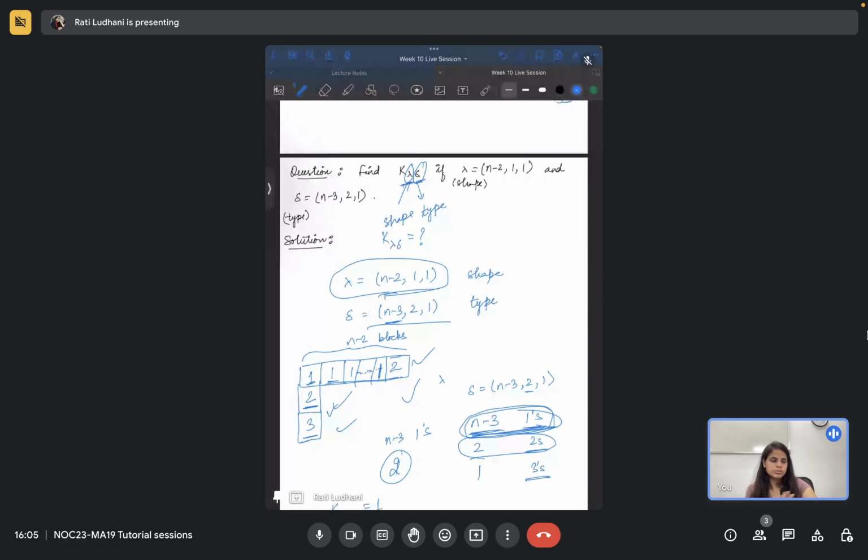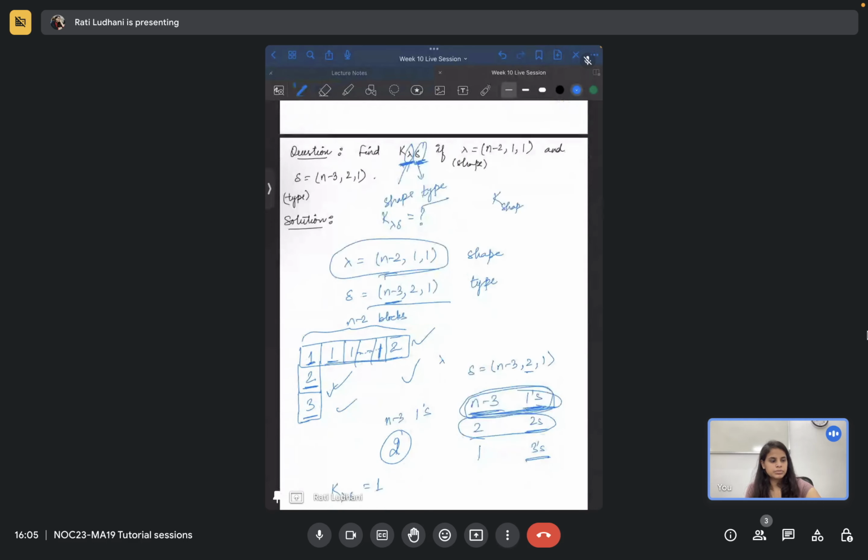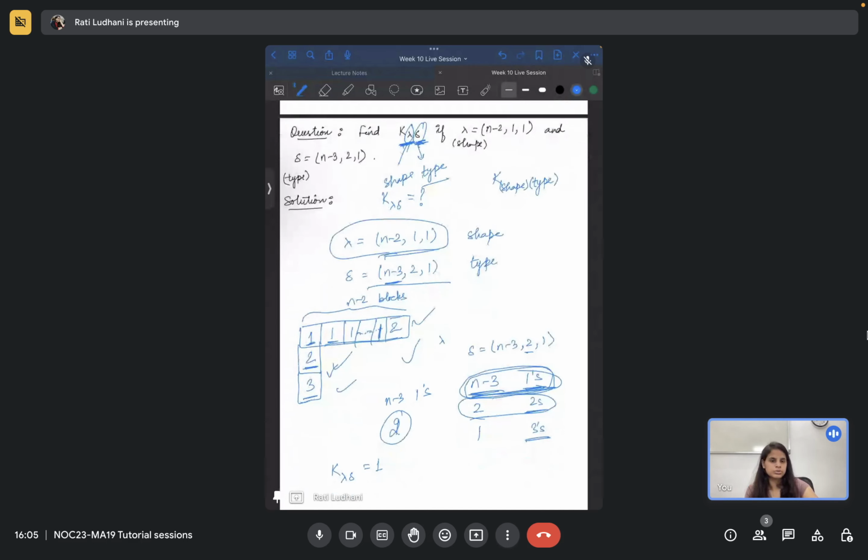It doesn't matter which letter you use, but it should be in this order. If you switch delta and lambda, you have to consider the first one to be the shape and the second one to be the type. Letter doesn't matter. Okay, ma'am. Thank you. Yeah, sure.